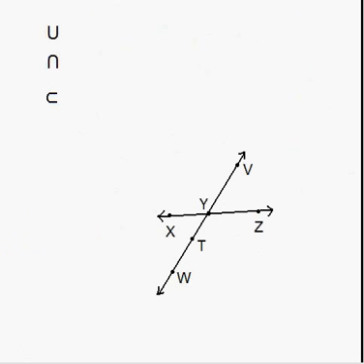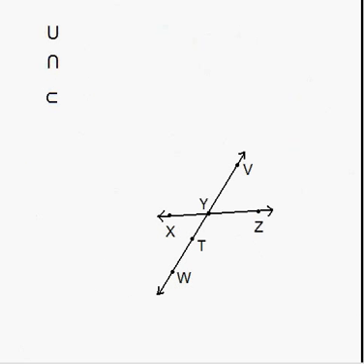The union is the two sets put together. Intersection means what the sets have in common. And a subset is just a part of a set.